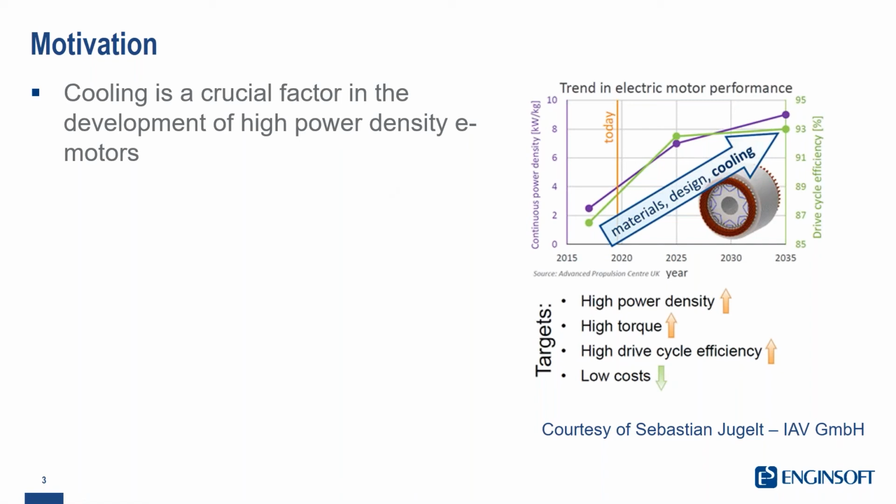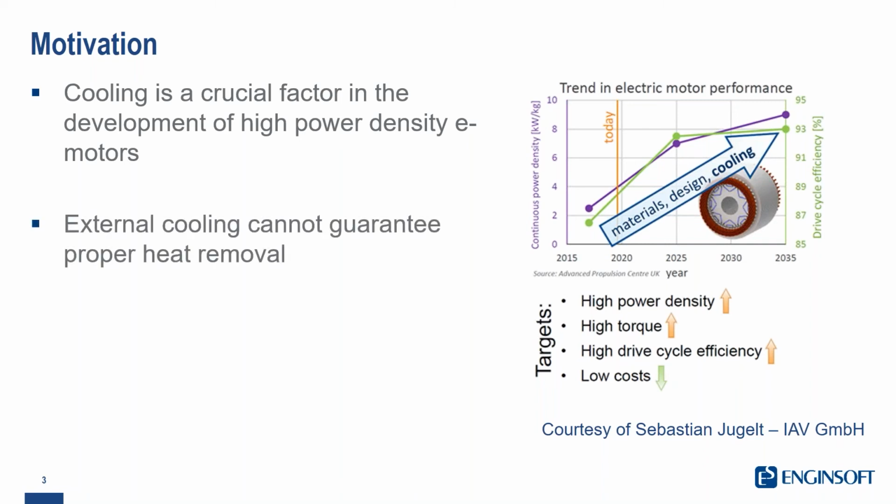That's why cooling is a crucial factor, and it's something that is under development at many automotive and engineering companies. An important aspect is that external cooling by water jacket or by air cannot guarantee proper heat removal for this kind of high power density e-drives.